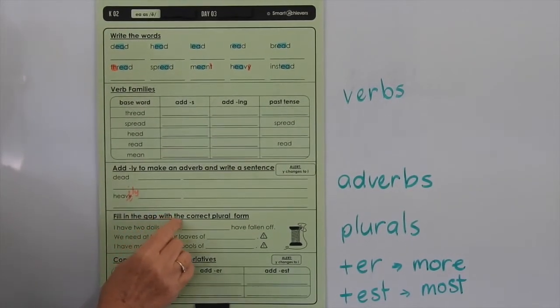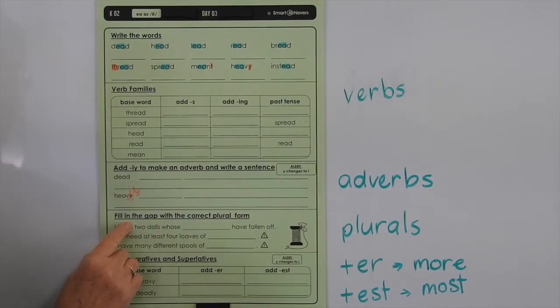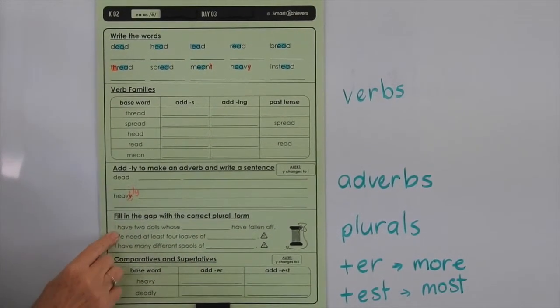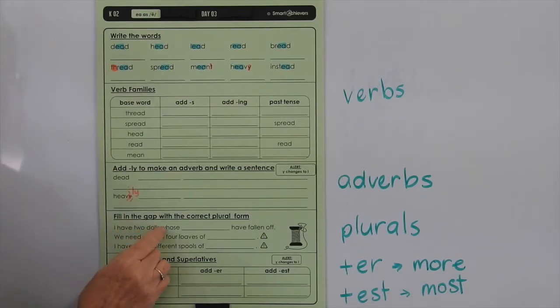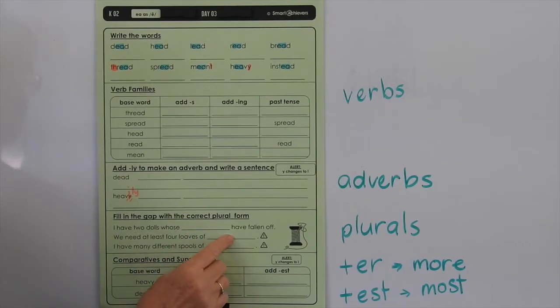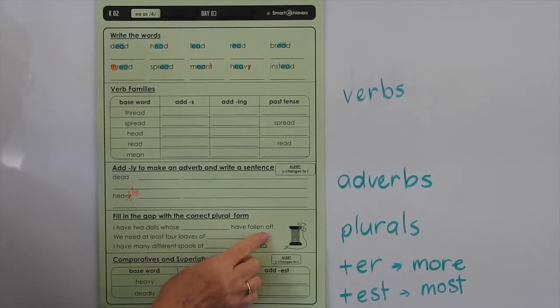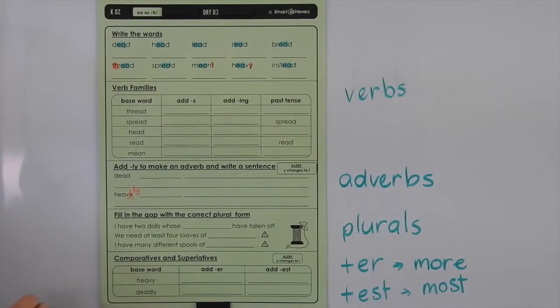Fill in the gap with the correct plural form. So plural means when we're saying more than one thing. So I have 2 dolls whose something have fallen off. You'd have to fill in the missing word. Be careful of these 2 here because we've got an alert there for you.